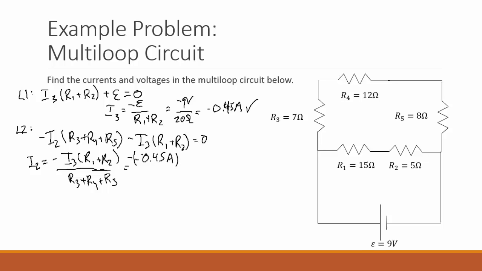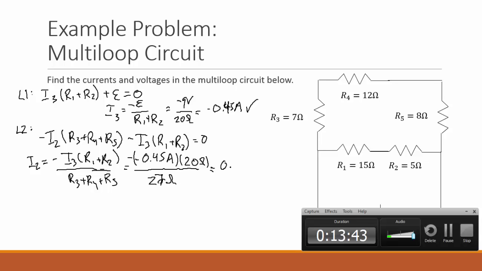I'm just using the negative, brought it down here, times 20 ohms, divided by 7 plus 8 plus 12. And so this is 27 ohms overall, giving me 0.33 amps. Okay? And the two negative signs cancel, so this is, yes, not a volt, this is a check mark. So I've checked off that I now have two different currents.